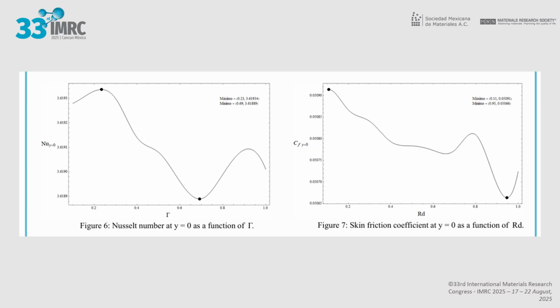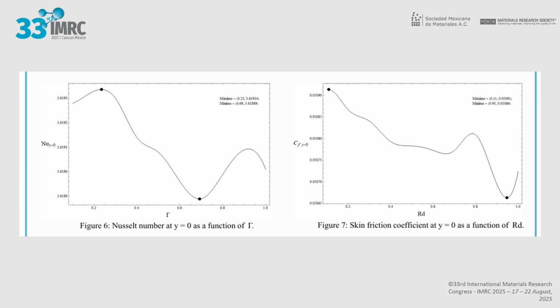Figure 6 shows the behavior of the local Nusselt number at y equals 0 as a function of the parameter gamma, which represents the inverse of the coupled stress. Although a monotonic trend might be expected, the graph displays an irregular oscillation with slight increases and decreases between nearby values, particularly at gamma equals 0.7 and gamma equals 0.9.